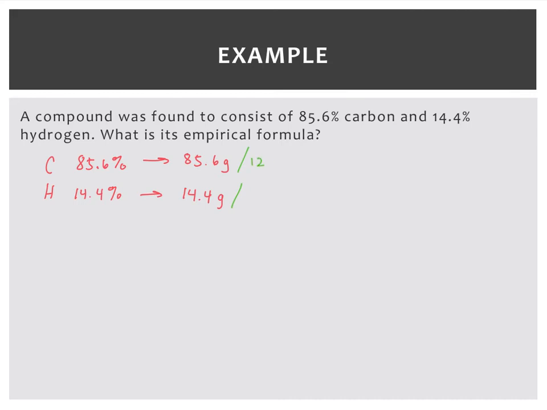Carbon is 12. Hydrogen is 1. So 85.6 divided by 12 comes out to about 7.13. 14.4 divided by 1 equals about 14.4. Okay. Now these are our ratios.